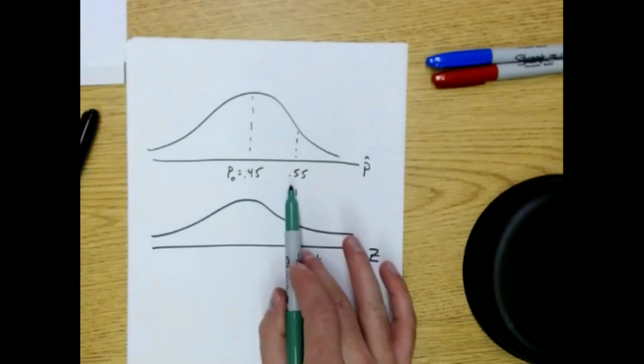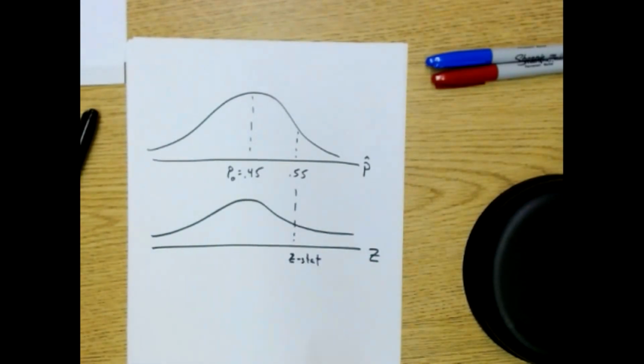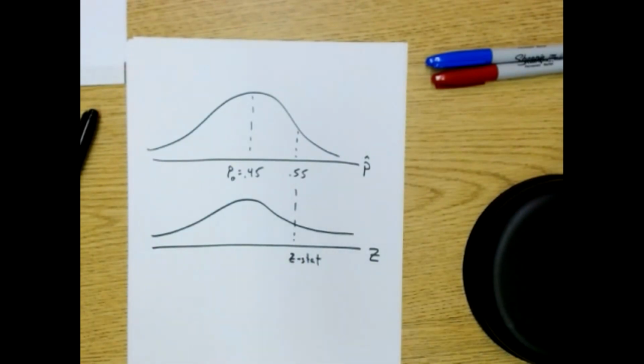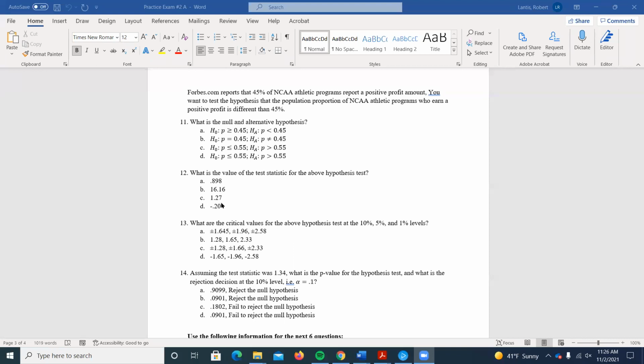Well, if I see something that's above my assumed true value, I know that test statistic is going to be positive, right? It's going to be a certain number of standard deviations above the mean. So right away, I should be able to rule out D. From there, it's just a matter of plugging those values into our calculator.